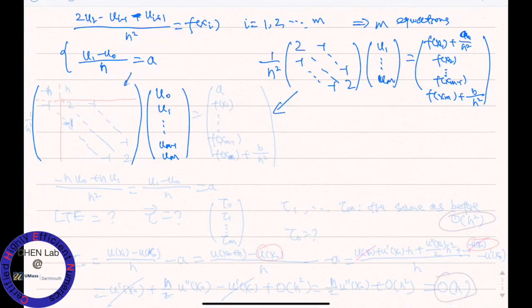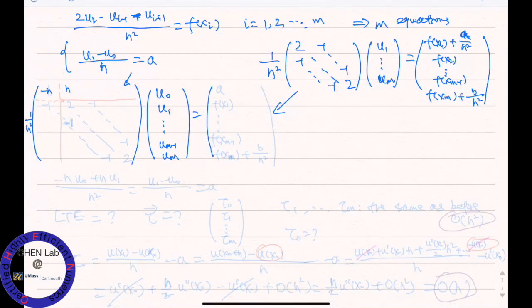This equation should become your first row. Again, we have this 1 over h squared outside. So that means you have negative h and h, because you have that 1 over h squared outside.